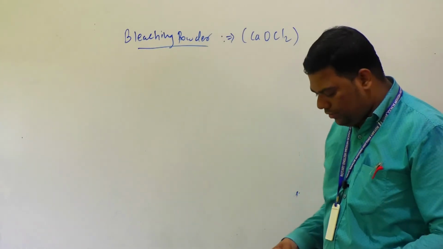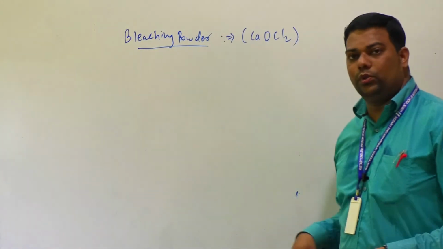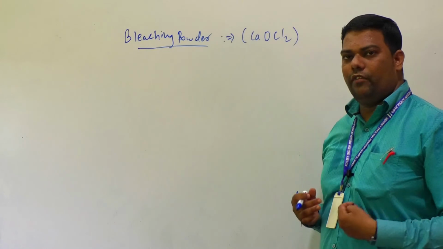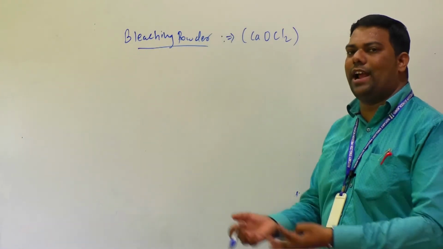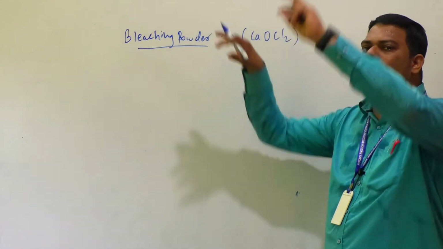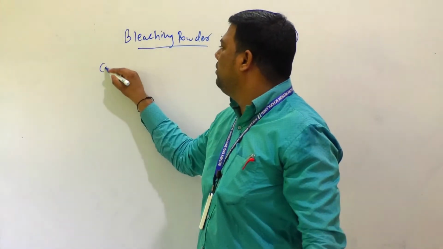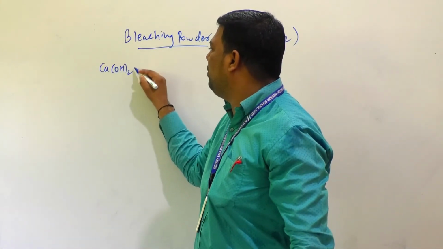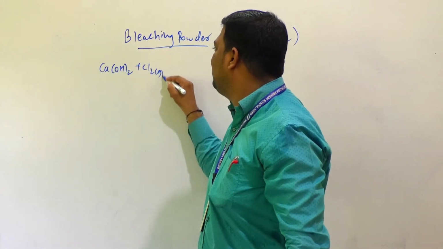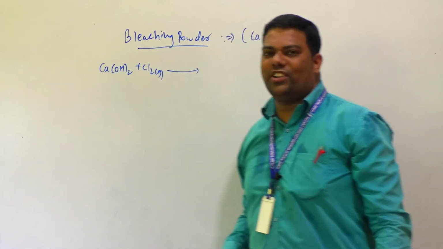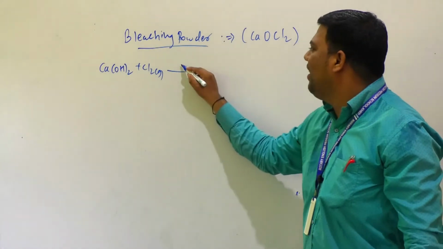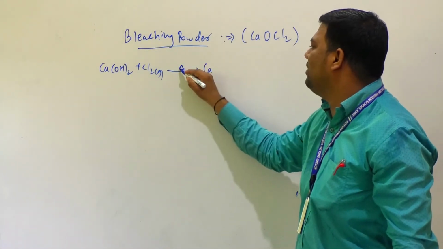See here, whatever Cl2 we got from the electrolysis of brine solution, that Cl2 we have to use here. So here, Ca(OH)2 plus Cl2 gas, after heating, you will get CaOCl2 plus H2O. You must know this heating sign.